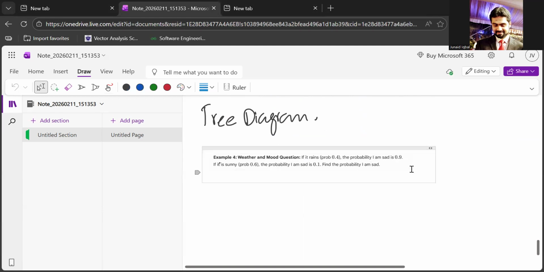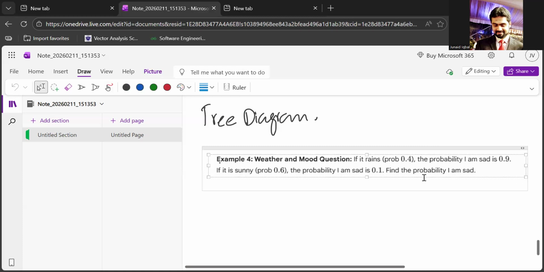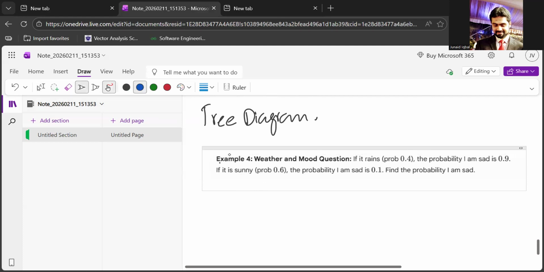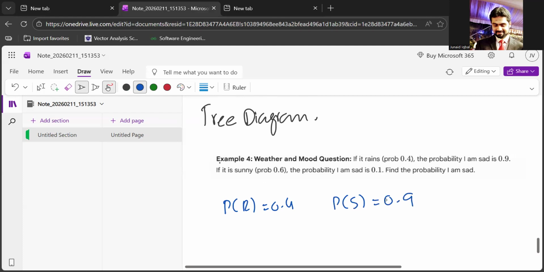I hope it is visible. I'm just increasing its size. Okay. So weather and mood condition. It says the probability that it will rain is 0.4 and the probability that I'm going to be sad is going to be 0.9. So if it is sunny, like it's not raining, the probability I'm going to be, I think that's going to be a bit difficult example.